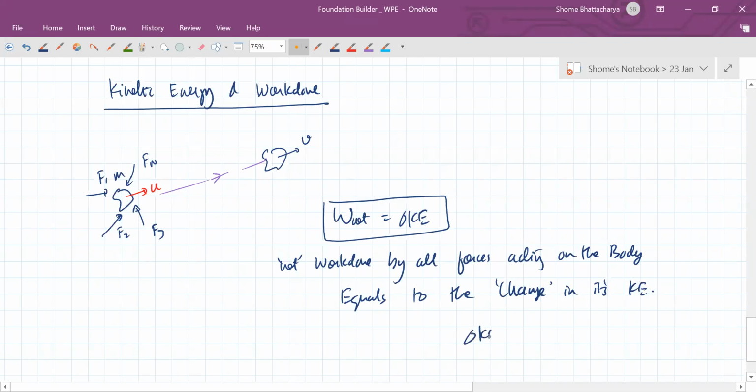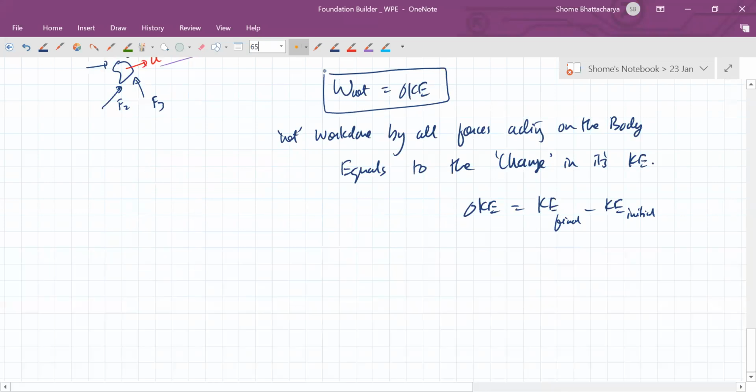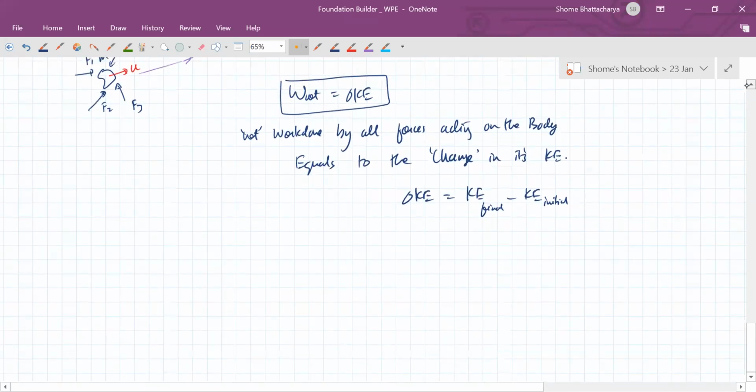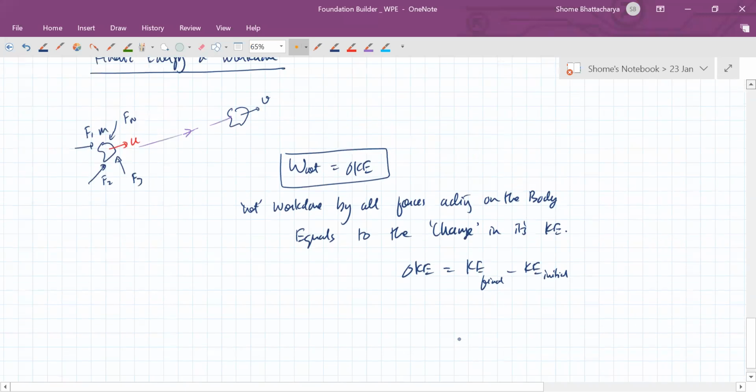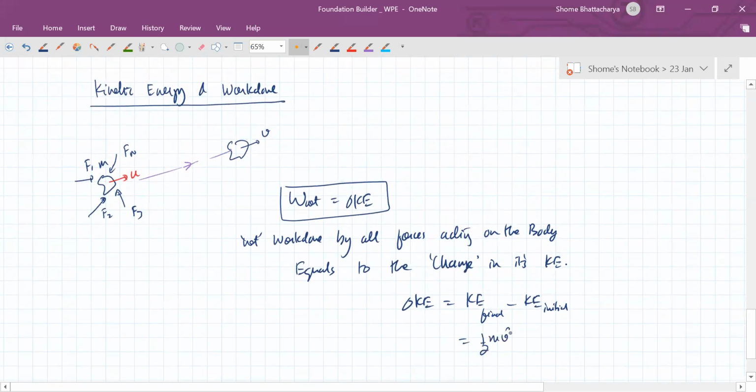So change in kinetic energy is final kinetic energy minus initial kinetic energy. And as you know, kinetic energy is defined as half mv square in terms of the mass and the speed of the moving body. So this will become half mv square minus half mu square. Whereas on the other hand, the net work done will be the work done by force 1 plus work done by force 2 plus so on.